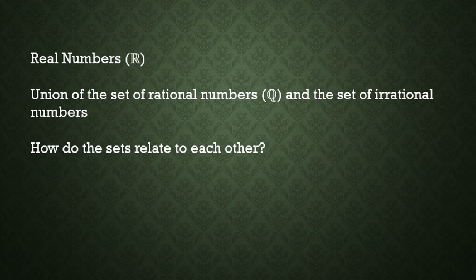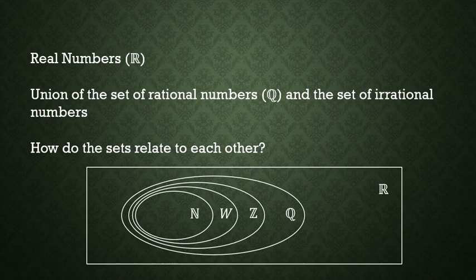I'm talking the set of natural numbers, the set of whole numbers, the set of integers, the set of rational numbers, set of irrational numbers, and the set of real numbers. Well, I've provided a fairly involved diagram here to show you how these sets relate to each other.